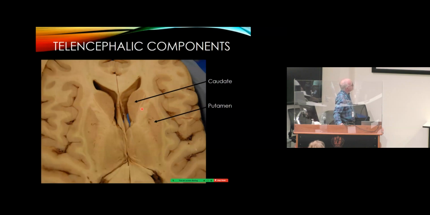Out lateral to the entire internal capsule, you have the putamen. The caudate and the putamen work very closely together, such that we just give them one name, and we call it the striatum. So when you hear the term striatum, you want to think of both caudate and putamen.